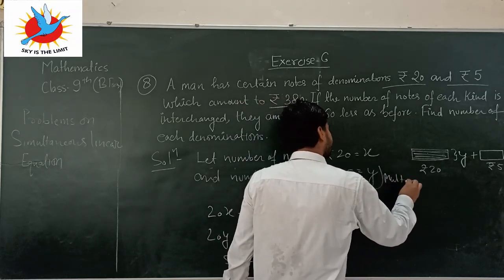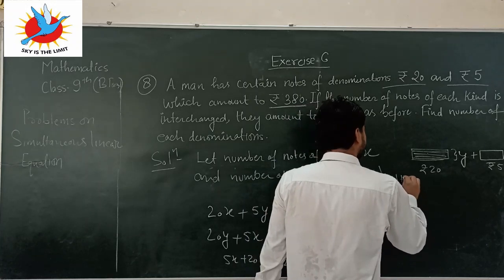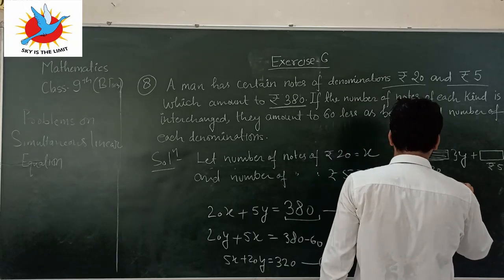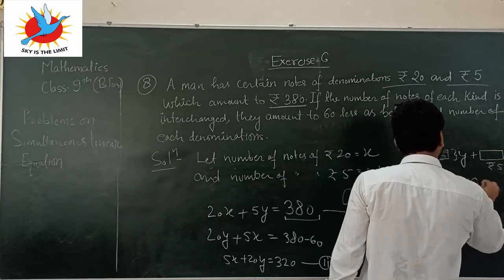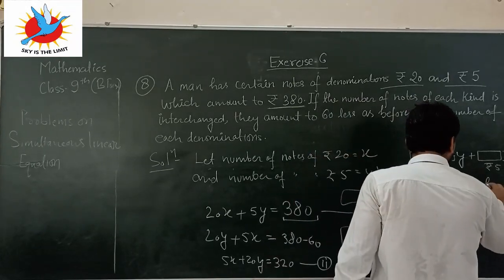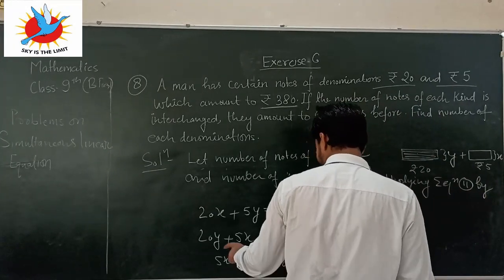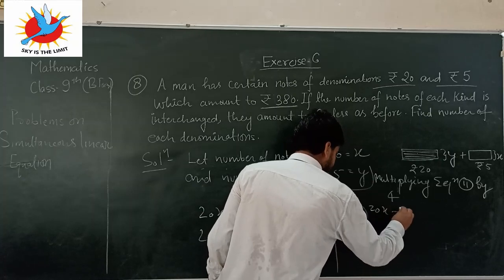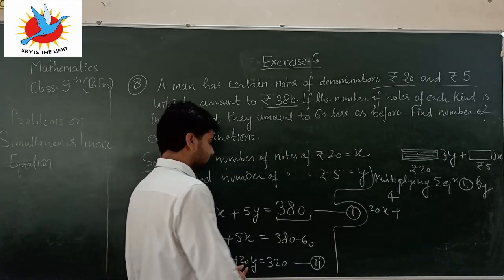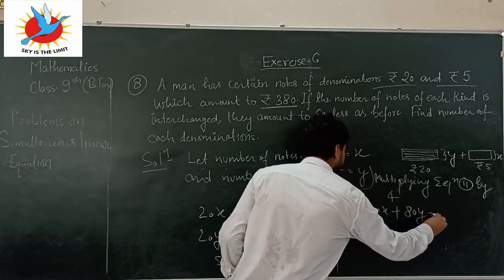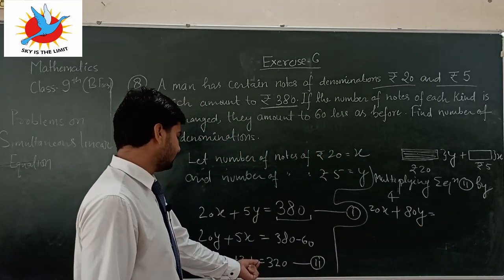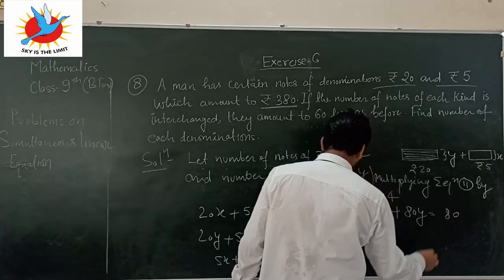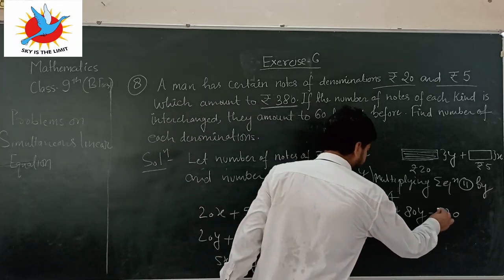Multiplying equation 2 by 4, we get 4 into 5, that is 20x, and 20 into 4, that is 80y, and 320 multiplied by 4: 0, 2 into 4 is 8, and 3 into 4 is 12, so 1280.